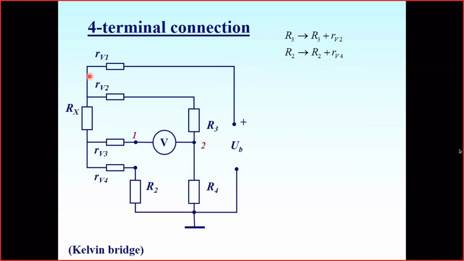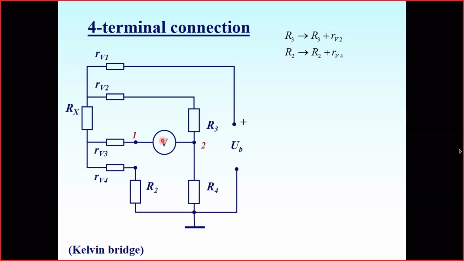Then one of the arms of the bridge is made of the resistor Rx itself. The second arm is made of the series connection of the wire which comes to the resistor, Rx and R3. The third arm is made by the resistor R4, the wire number 4 and resistor R2 of the bridge.